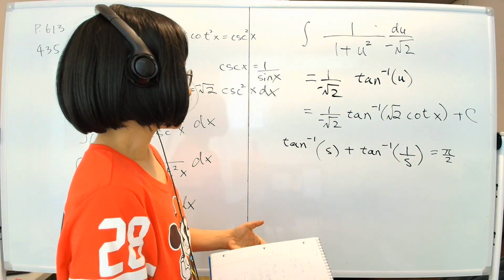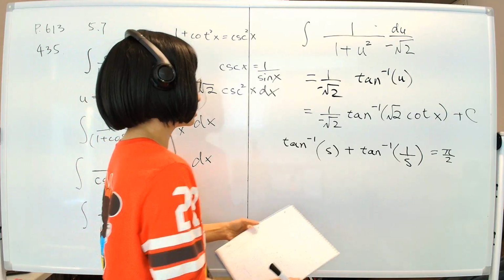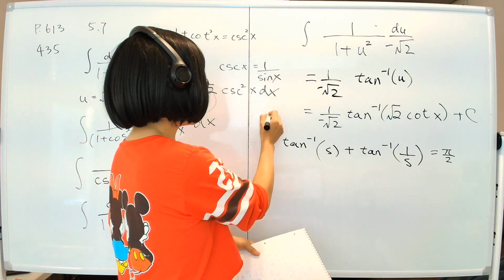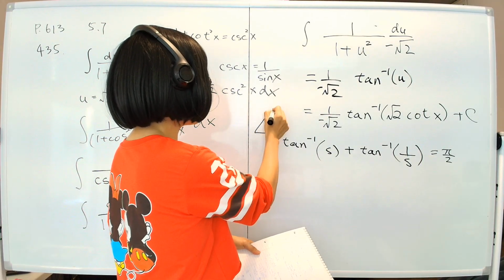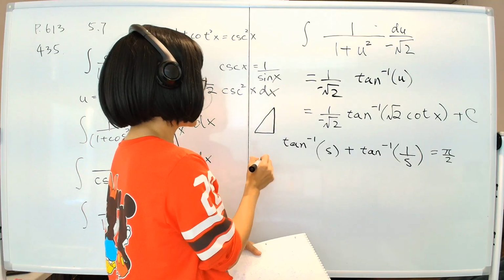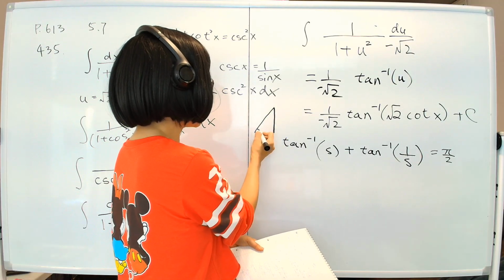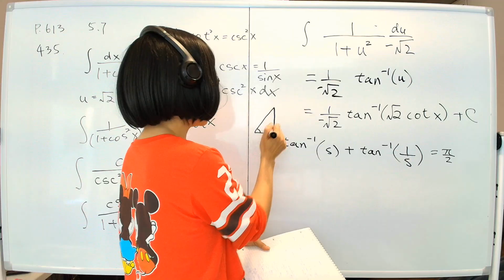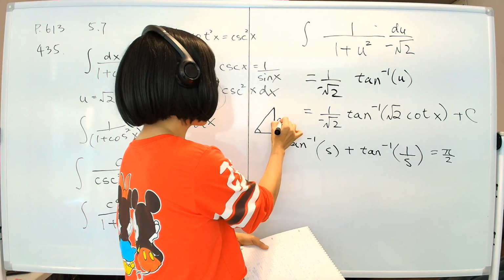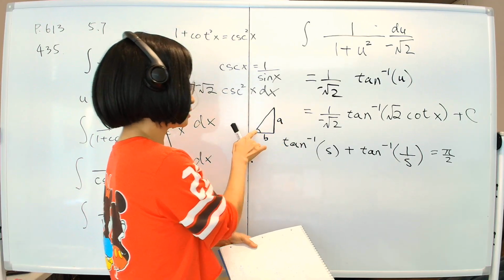Okay, why is that? That's the same as saying if you have any right angled triangle, tangent inverse of this angle is a over b, that's this angle.